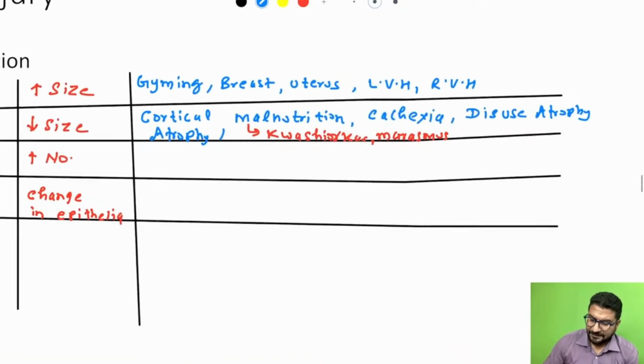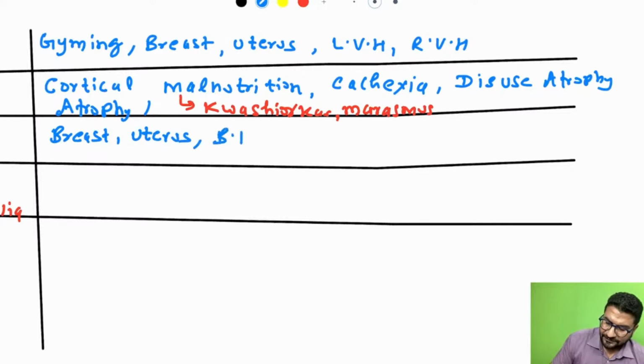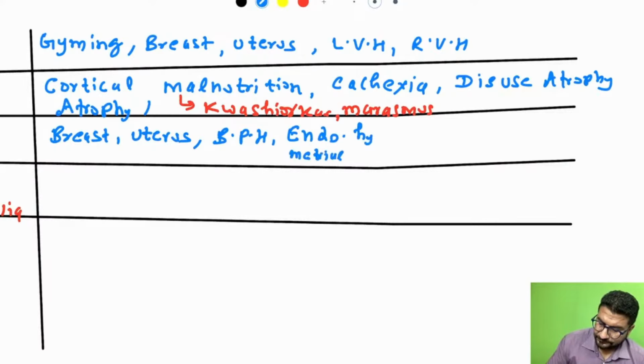Now coming to hyperplasia. Where do we see hyperplasia? You will see it in the breast and uterus. Then you can see hyperplasia in BPH, benign prostatic hyperplasia, and in a patient suffering from endometrial hyperplasia.